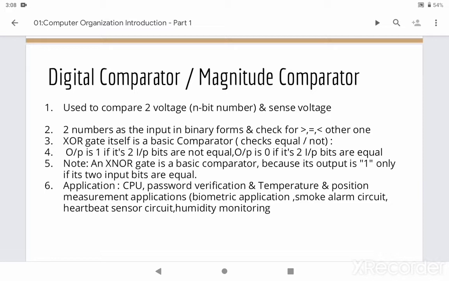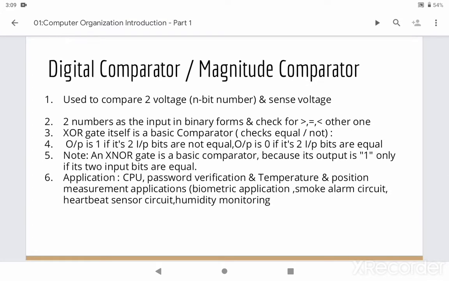We take position measurements, like in biometric applications: with face detection, it checks positions and placements. Then smoke alarm circuits, heartbeat sensor circuits, and humidity monitoring. In all these applications we are using the magnitude comparator or digital comparator.